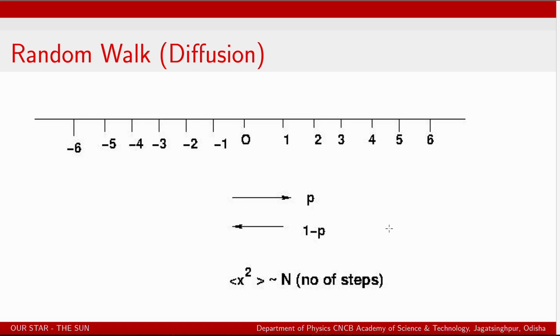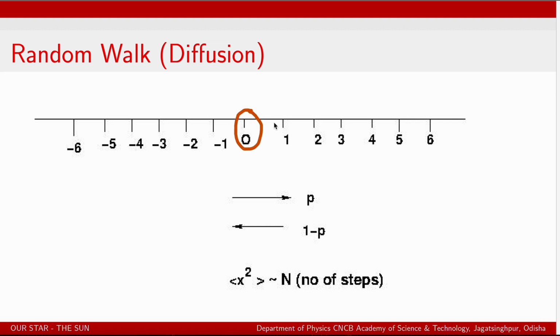So, what is diffusion? In order to understand diffusion, we will discuss something called random walk. This is the x-axis, and suppose someone starts at the point 0.